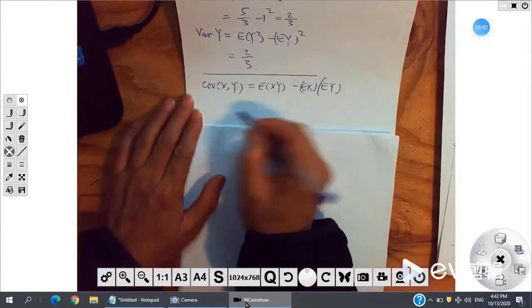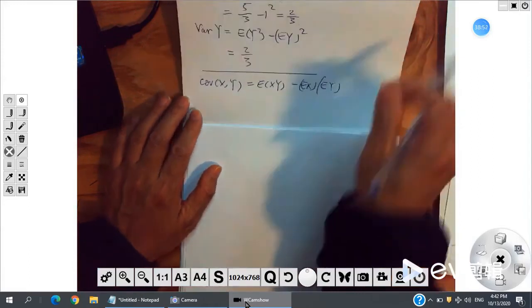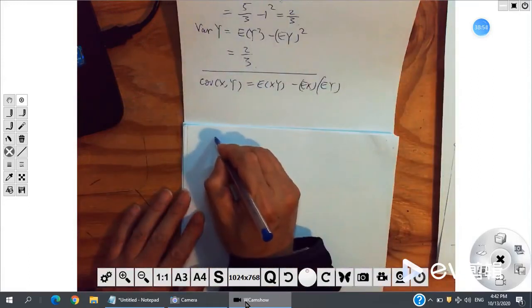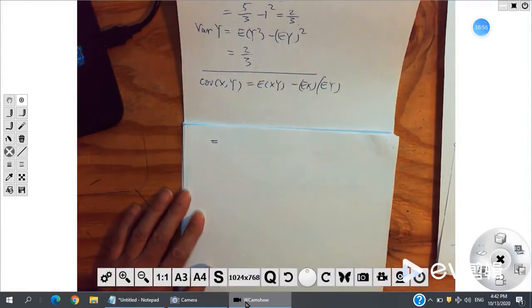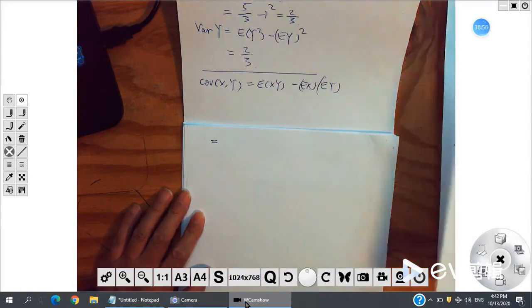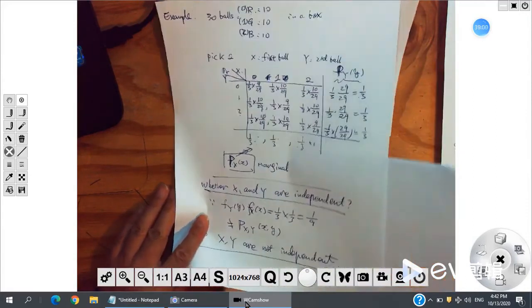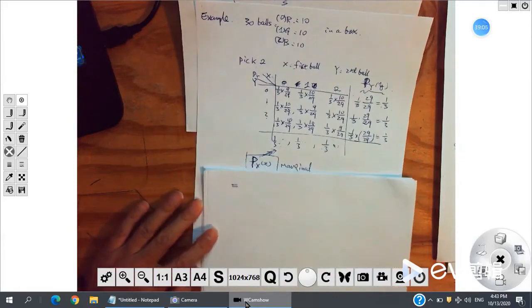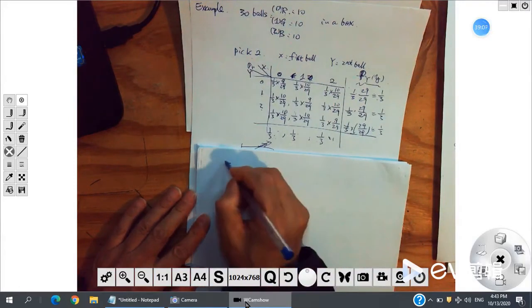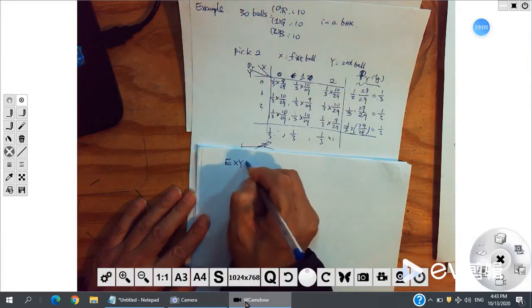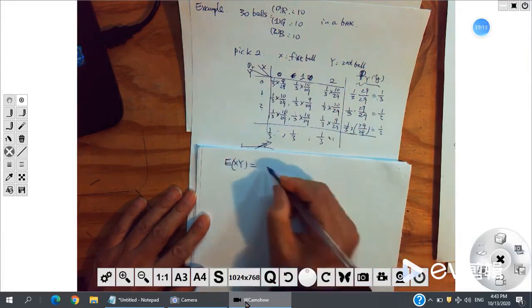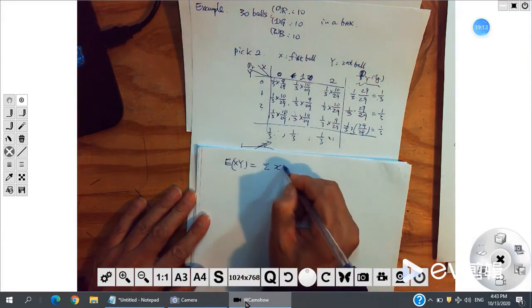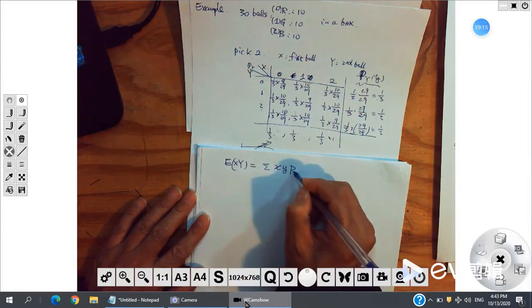Let me write right here. Then for EXY, you need the distribution here, right? I write EXY as the summation over all x and y of x times y times the probability.